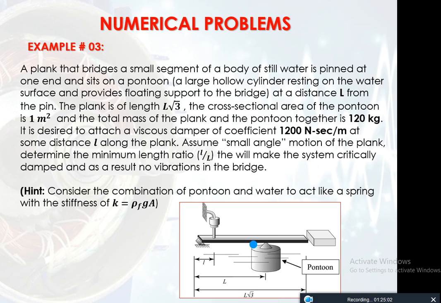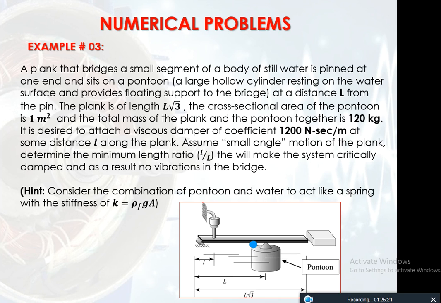For the equation of motion, we need to first understand the dynamics of the system. For example, this system will generate a movement across a pivot point. So the sum of all moments across a pivot point will be equal to the sum of all the forces that will be acting on the bridge.